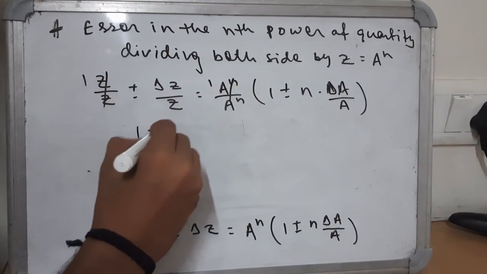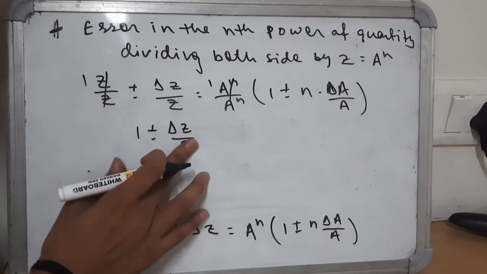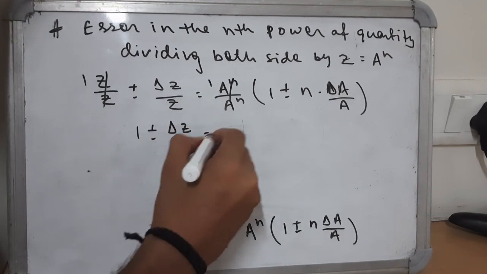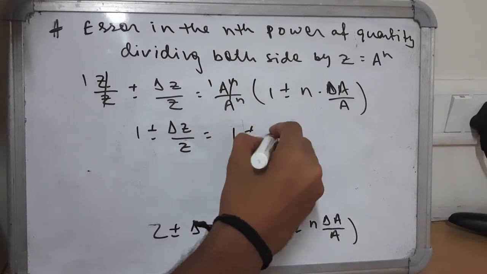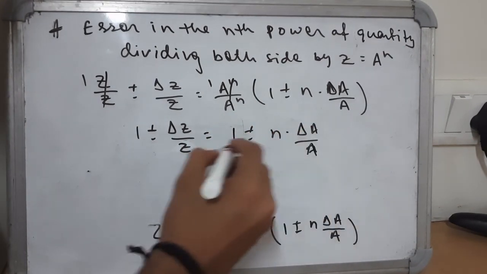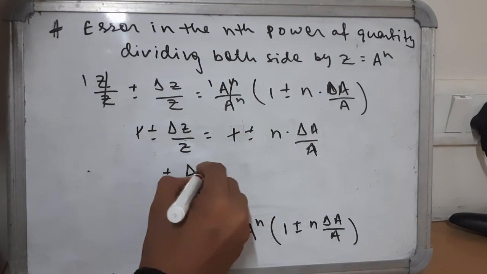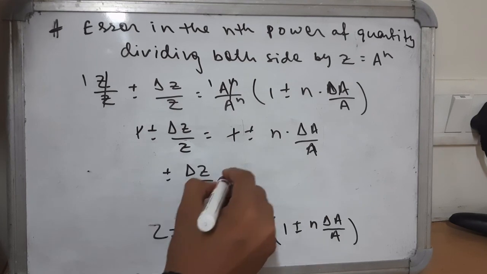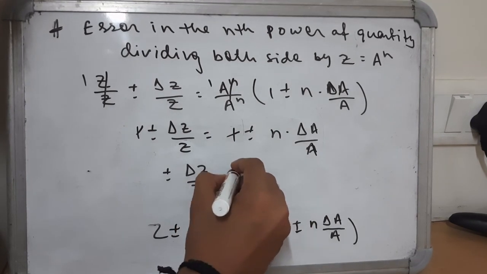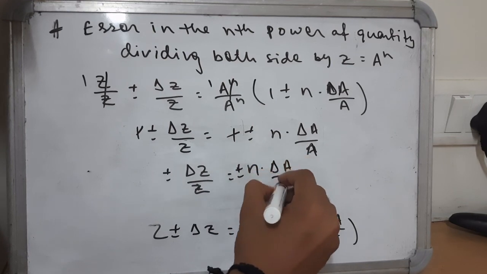So we can write 1 plus minus delta Z upon Z equals 1 plus minus n times delta A upon A. So this 1 and this 1 will be cancelled out and we are left with only delta Z upon Z equals n times delta A upon A.